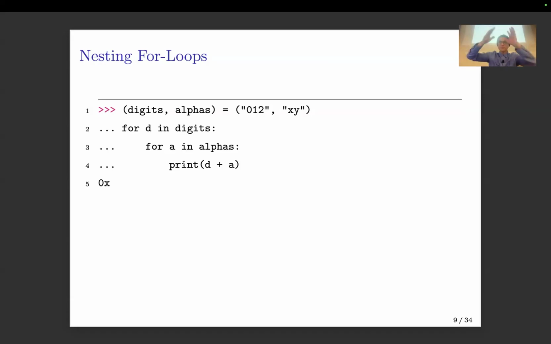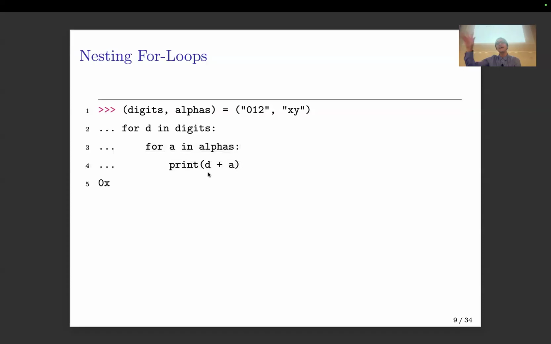And then this is the thing that is important. The entire loop body gets executed, right? So this is a for loop that's repeating its body. So D gets 0 and then execute this loop. And Python says, sure, I'm just going to execute another loop. A is going to be assigned X, and I'm going to print 0 plus X, which is 0x.